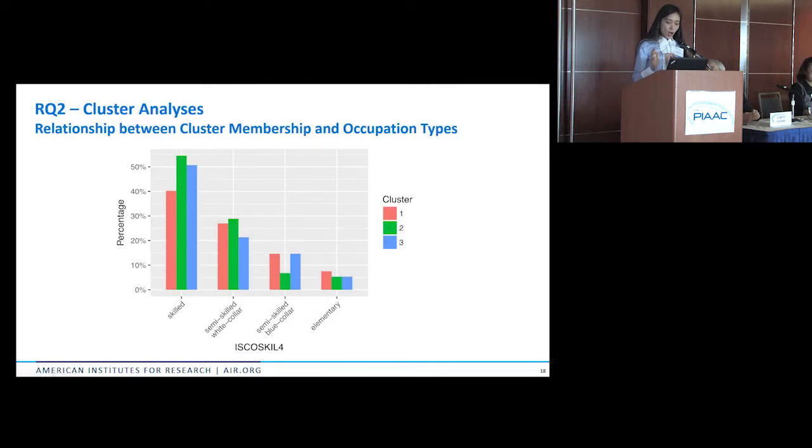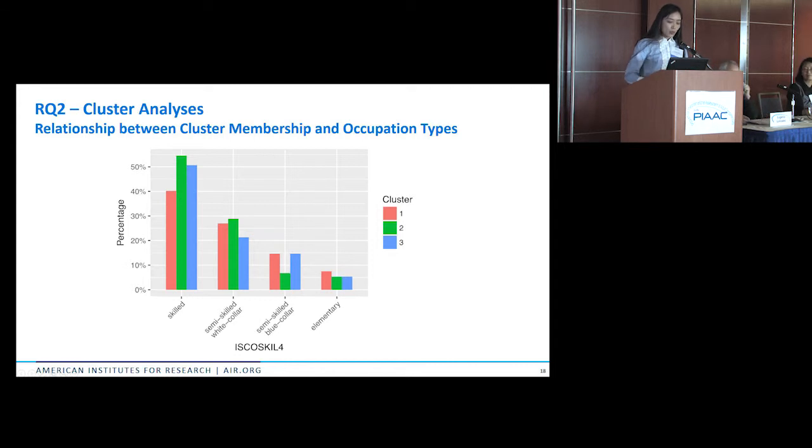So then, for the occupational types, this is one of the employment-related variables we looked at. So the 3 clusters are also very different in terms of occupation types. You can see that cluster 1, compared to the other 2 clusters, has the lowest percentage on the skilled occupations, but higher percentages on the semi-skilled or elementary occupations.